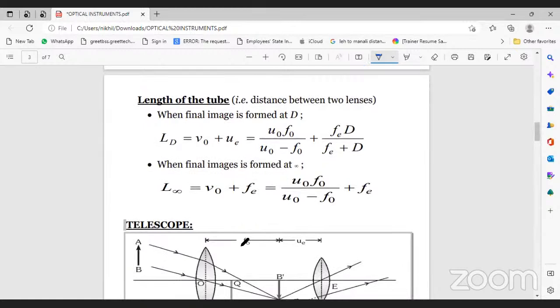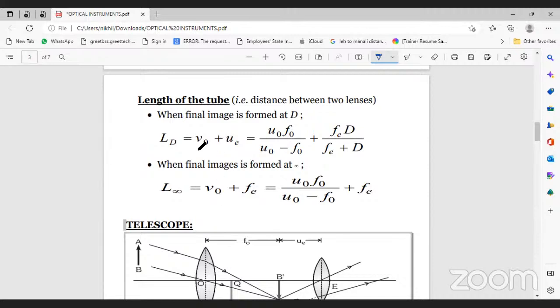One more important parameter you have to remember here is the length of the tube. What is the length of the tube?